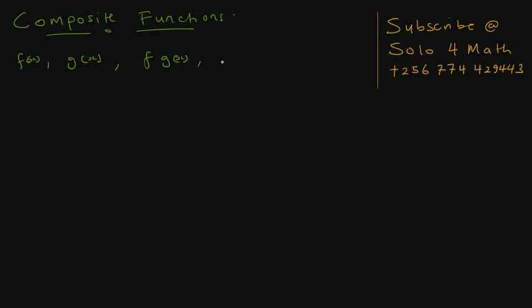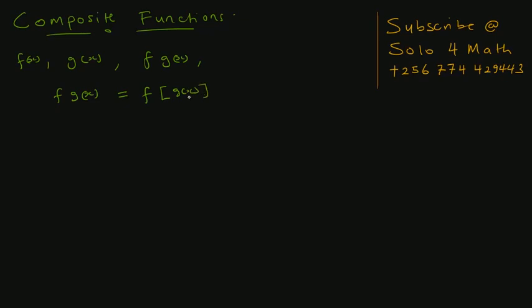It's a composite function where we perform the function g(x) first, then followed by the function f. So when you have f(g(x)), you can put g(x) in these big brackets.